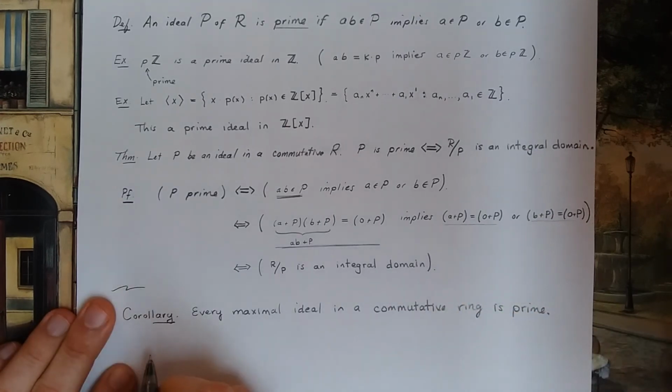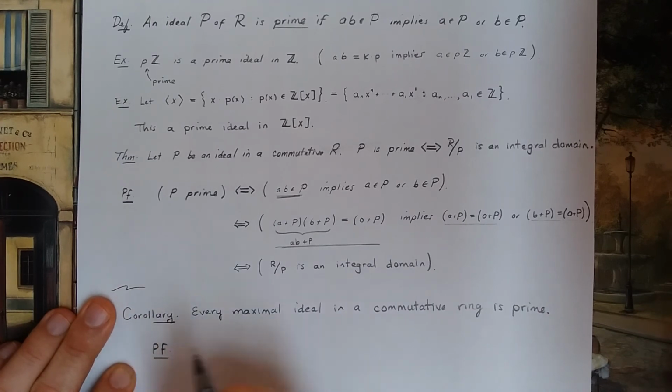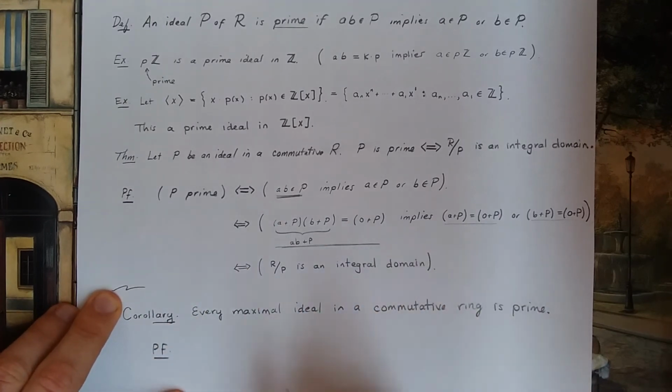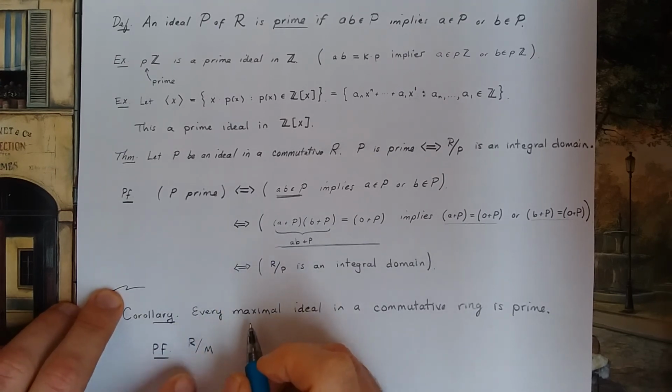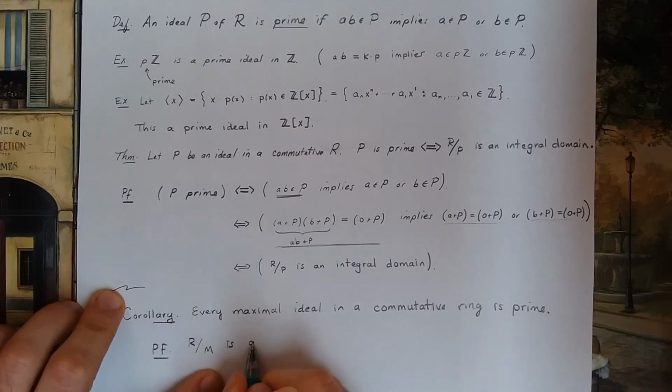So here's the proof. Really, this is more of an observation, but the factor ring R mod M, if I have a maximal ideal, this is a field.